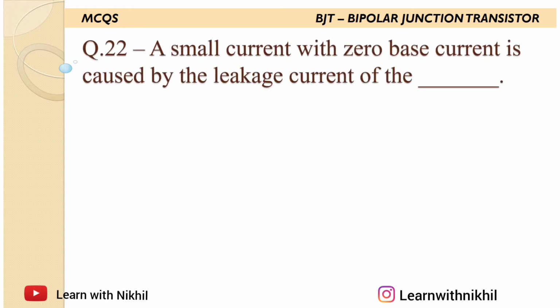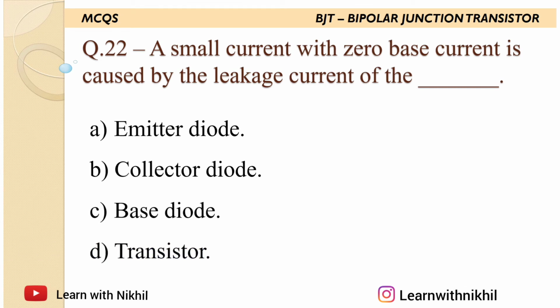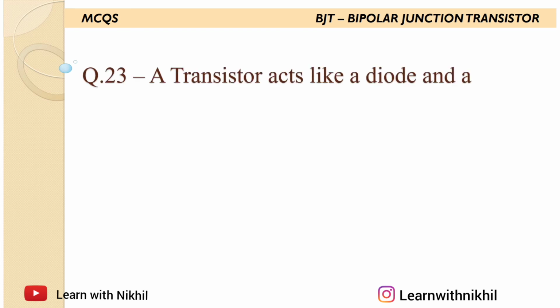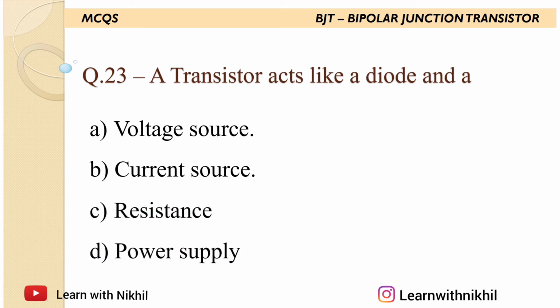Next question. A small current with zero base current is caused by the leakage current of the emitter diode, collector diode, base diode, or transistor. And the answer is collector diode. A transistor acts like a diode and A, voltage source; B, current source; C, resistance; or D, power supply.